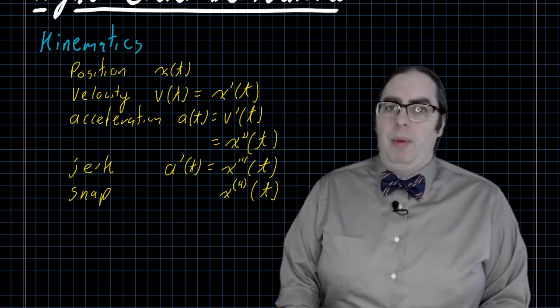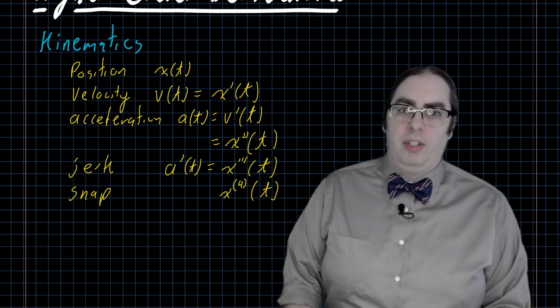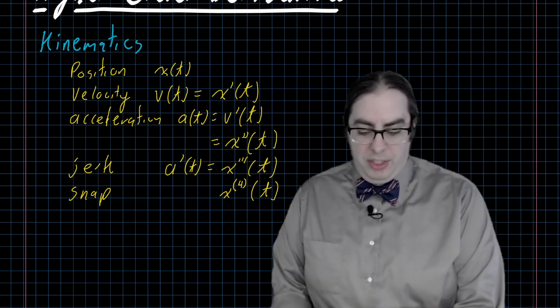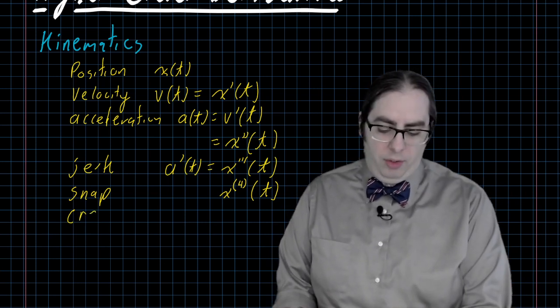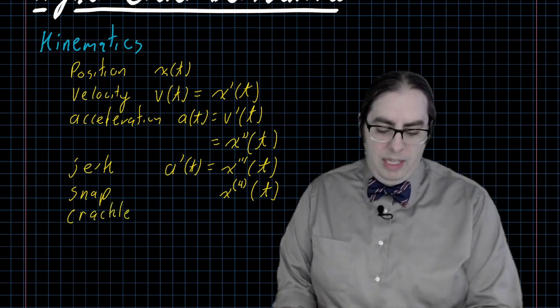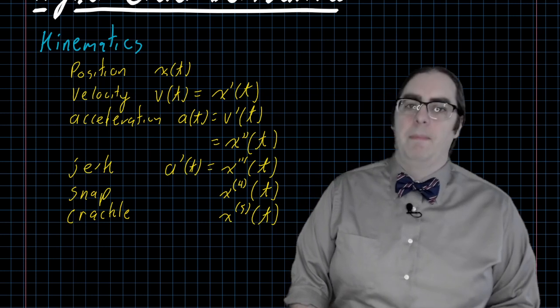And then we can keep going, because not only does a whip snap, but it also often cracks. The change in snap with respect to time is called the crackle. And yes, that would be the fifth derivative of position with respect to time.